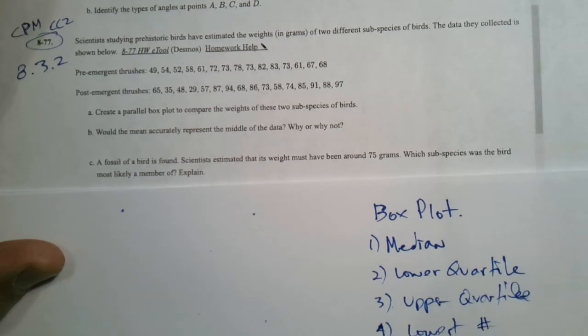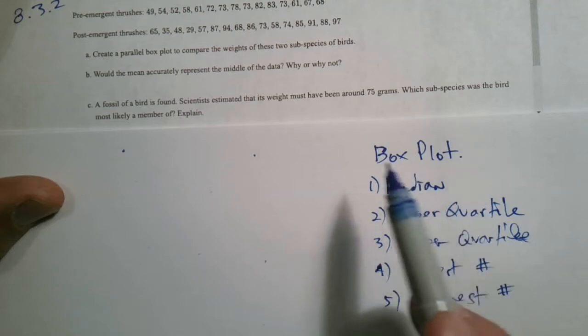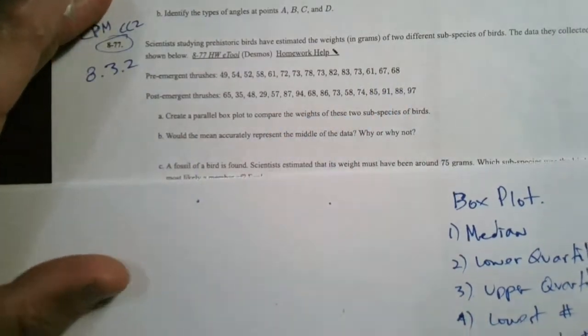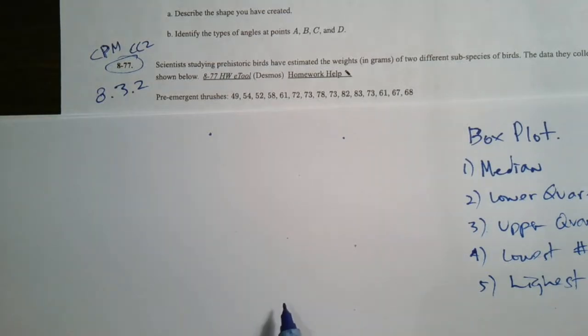Those are the 5 pieces of data that you need for a box plot. But in order to get all of these, we have to take our data and put it in order. So let's start with pre-emergent thrushes, and we'll put that in order.